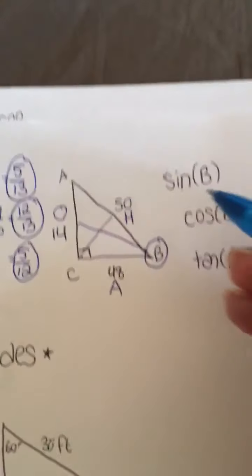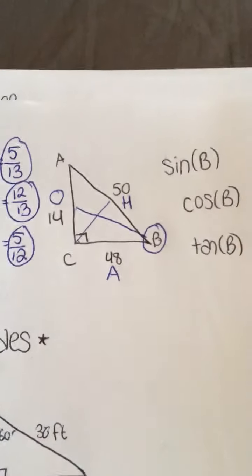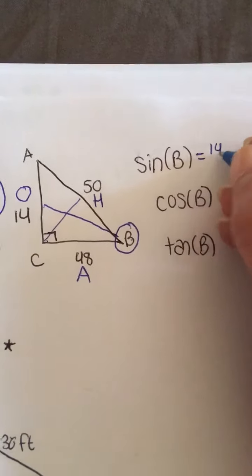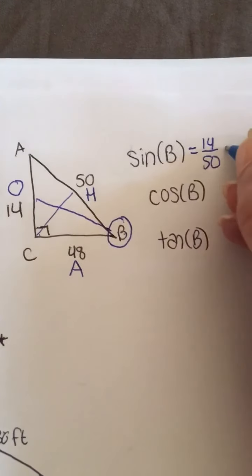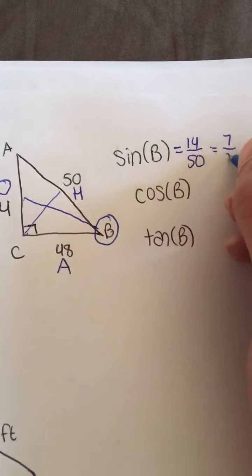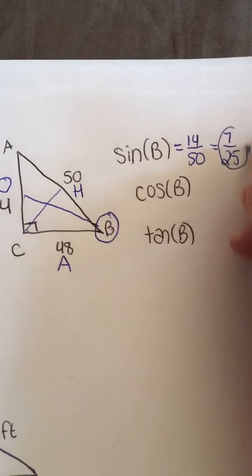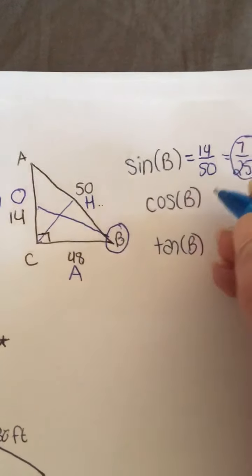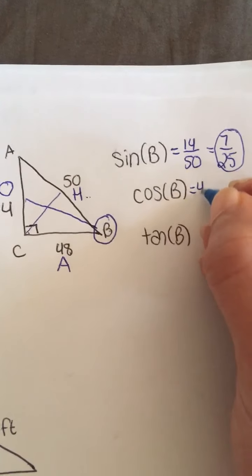So for sine of angle B, we need opposite over hypotenuse. So that would be 14 over 50. Again, we have to simplify, divide by 2, 7 over 25. Cosine, adjacent over hypotenuse, 48 over 50.